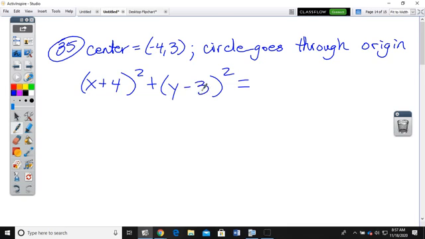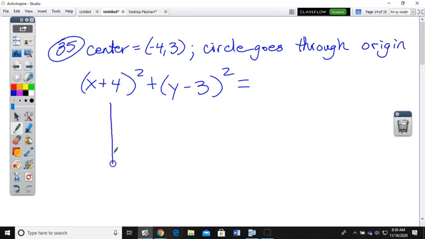Now, picture in your brain, or draw it if you need to. It says the circle goes through the origin. How can we figure out how far away the center is from the origin? Well, the origin's (0, 0), so you just subtract 4 and add 3, I guess, to each thing, or however you need to do it.